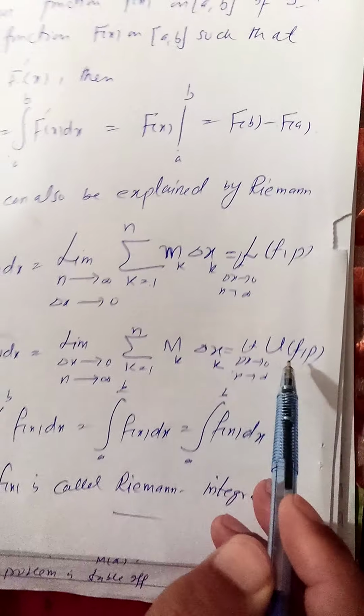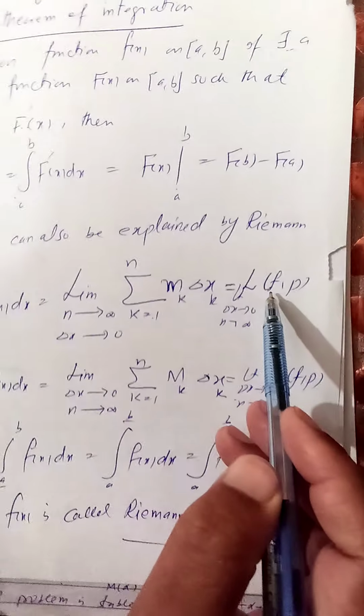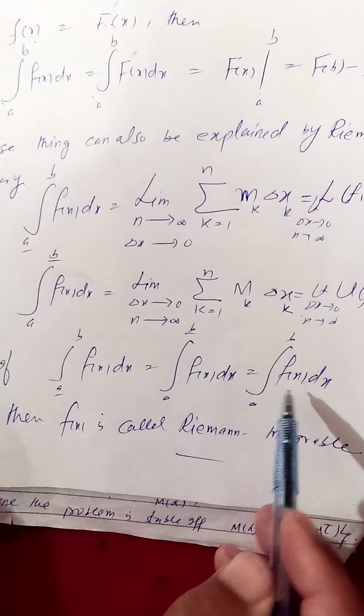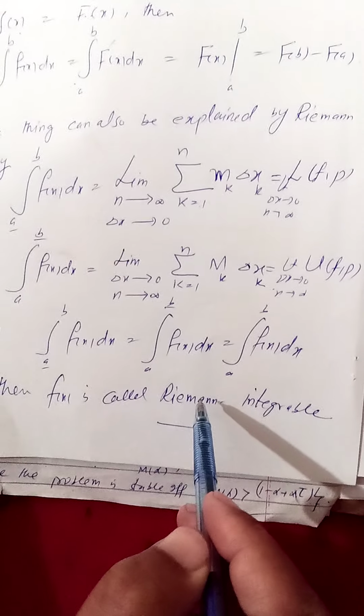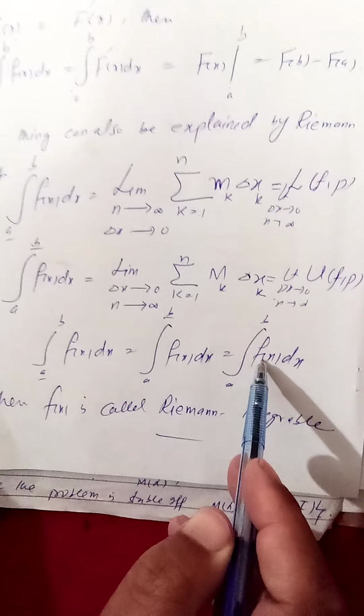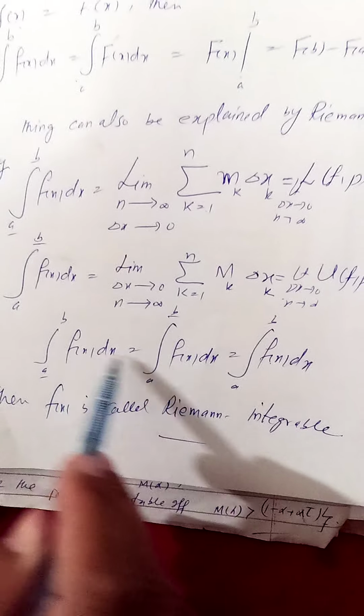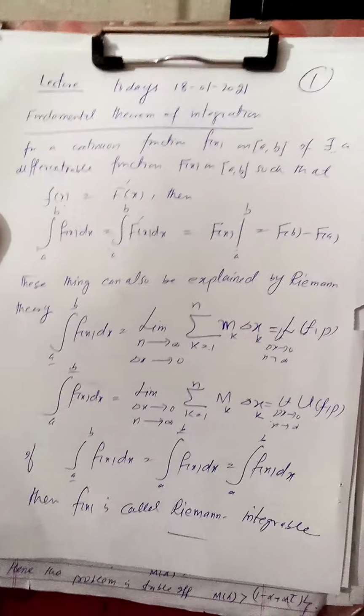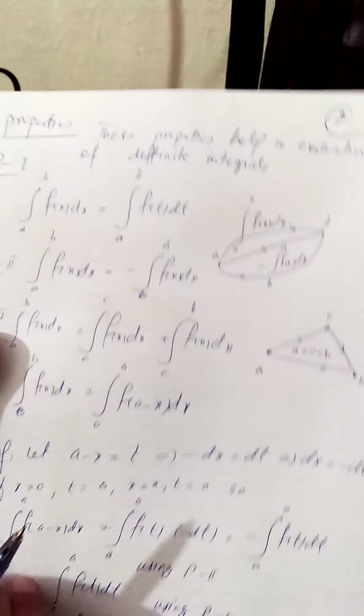This is the sum of right endpoints, and this is the sum of left endpoints. When these both sums are equal, then such an integral from a to b of f(x) dx is called the Riemann integration. In other words, we say that f(x) is Riemann integrable if the upper integral and lower integral are equal.